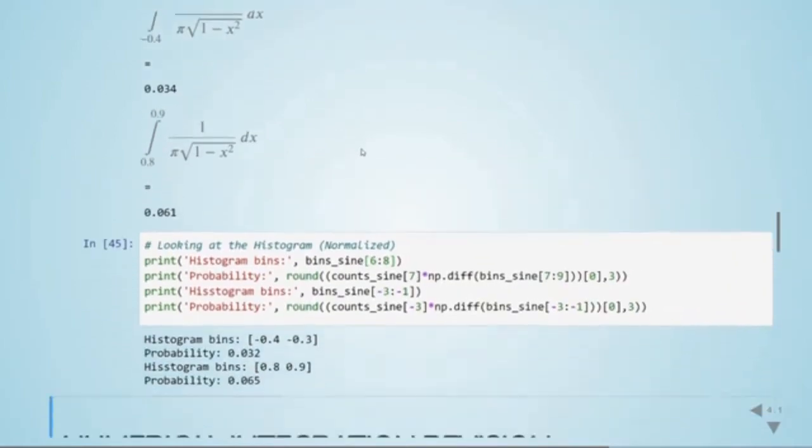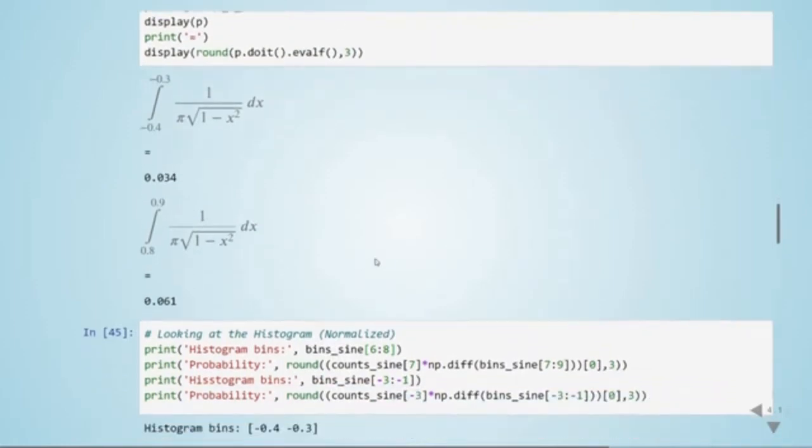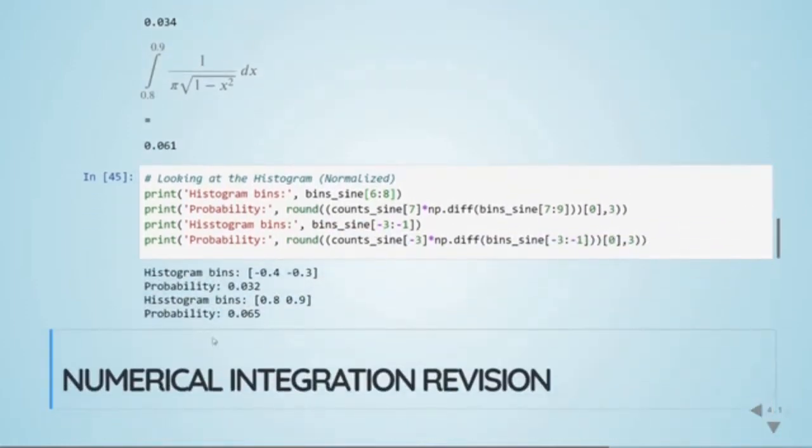So we have here that it's 0.32, which is very similar, and for the interval from 0.8 to 0.9 we also have approximately 0.6.